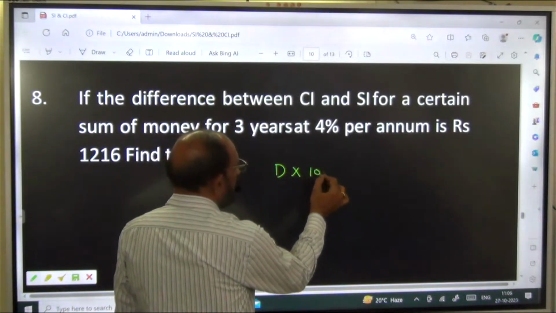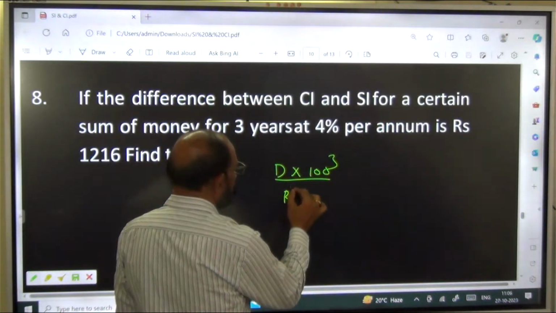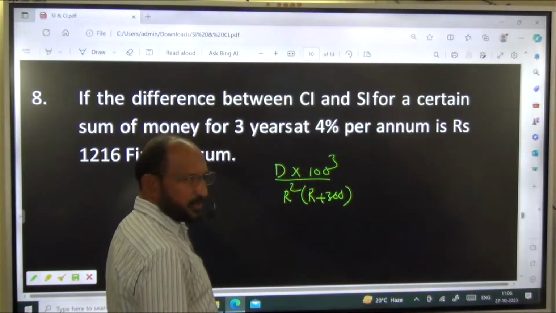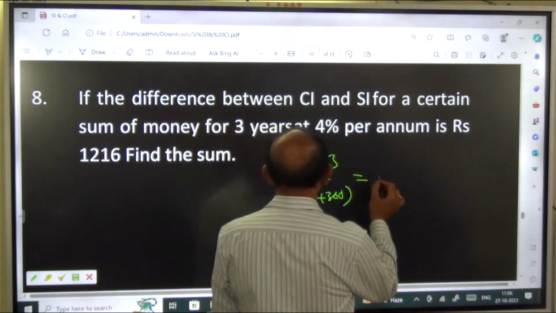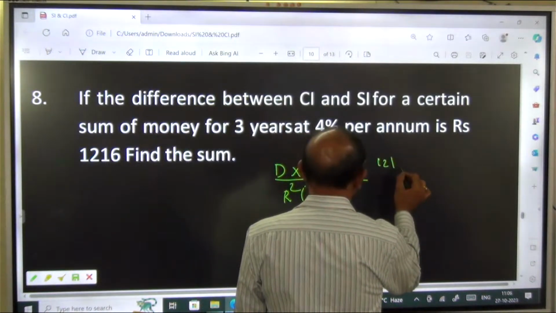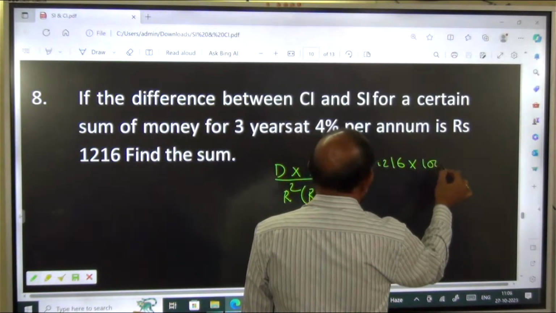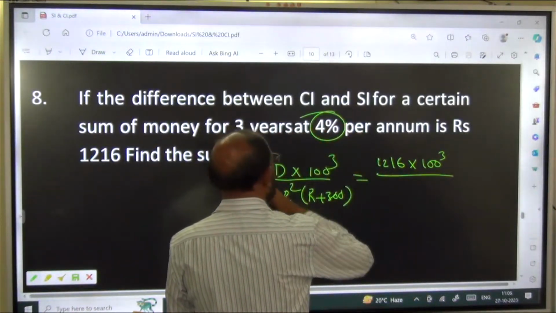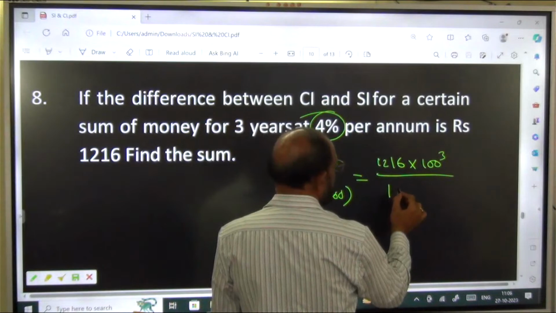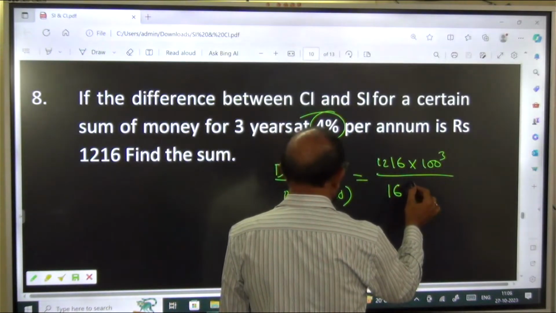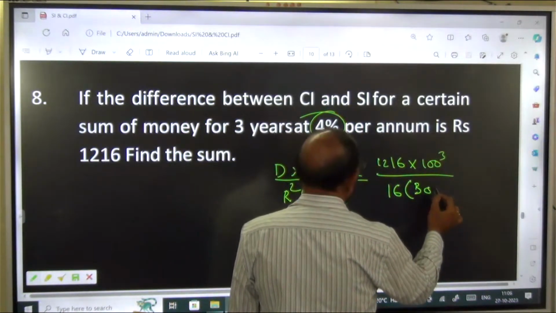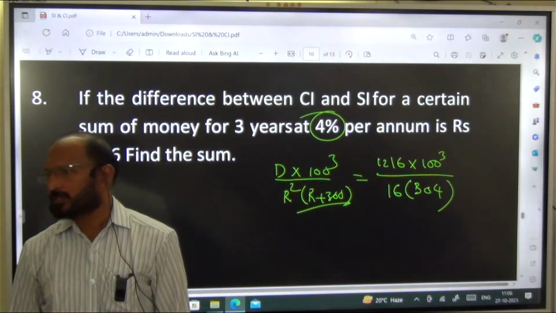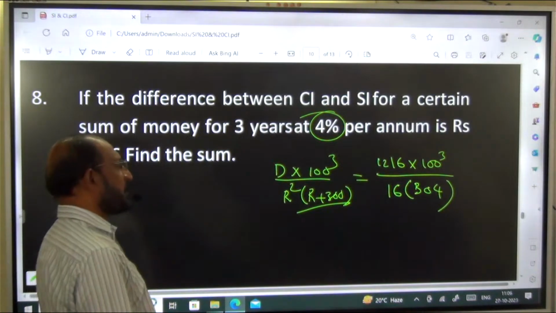D into 100 cube by R square into R plus 300. That only, na? Yes. D means 1216 into 100 cube by R square. R is 4%, na? 4 square 16, into 304, because 300 plus R is 304. Calculate and tell me the answer.